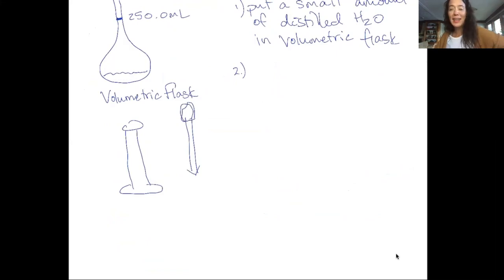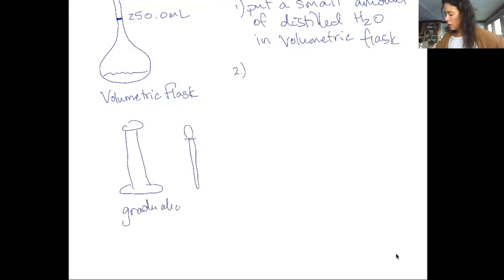Let me try that again. Then we could use a volumetric pipette. Oh my goodness gracious. That's better. Volumetric pipette, graduated cylinder.